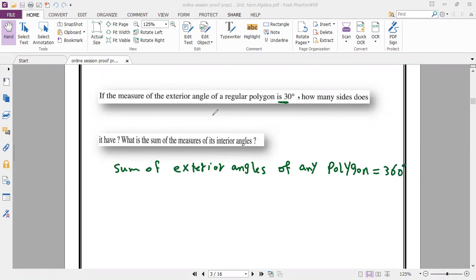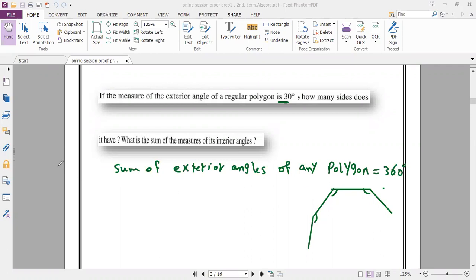And the regular polygon has equal interior angles and equal exterior angles. I don't know what is the polygon, but if we look at this polygon here, it's a part of a polygon. I don't know what is the number of angles, but you'll find in the regular polygon, all interior angles are equal. And also you'll find all exterior angles are equal.